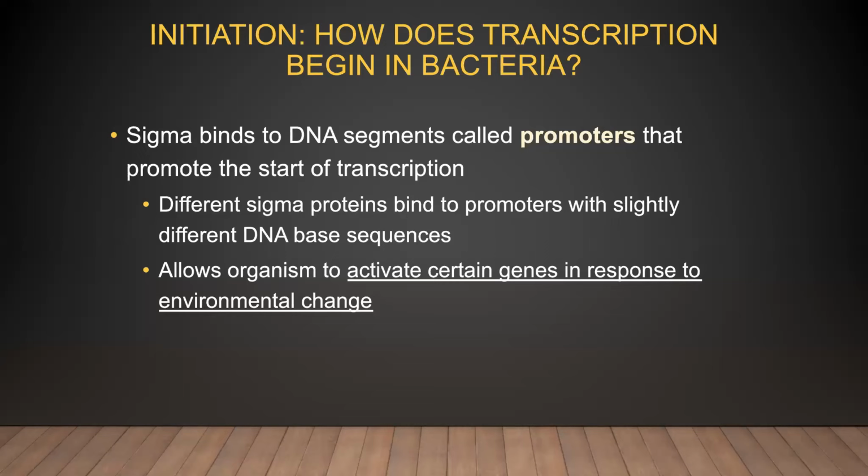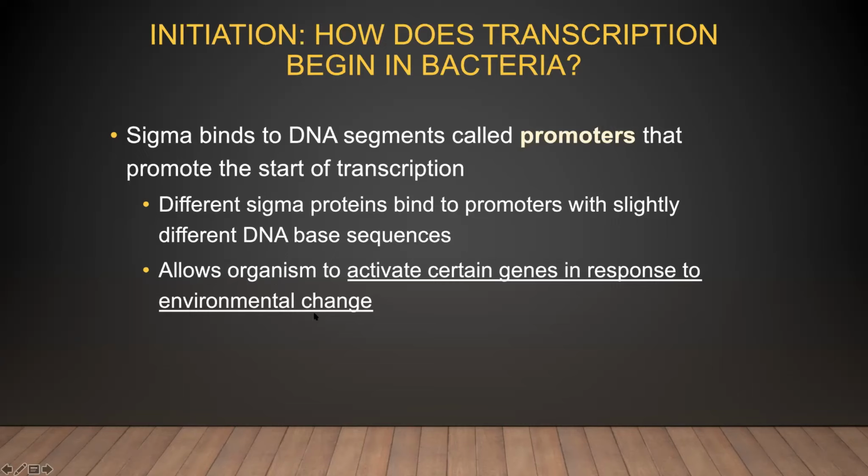All right, so this process then allows organisms to activate only certain genes in response to some type of environmental change, either internally within the cell or externally outside of the cell. If you go on to take cell biology, you will spend a lot more time looking at these sigma proteins.